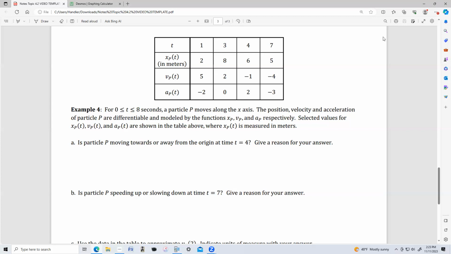Not a bug, but some particle, maybe like an electron, I don't know, moves along the x-axis. The position, velocity, and acceleration of particle P are differentiable and modeled by the functions x of p, v of p, and a of p respectively. Now remember, differentiable implies continuous. So these are also continuous functions that will come up later.